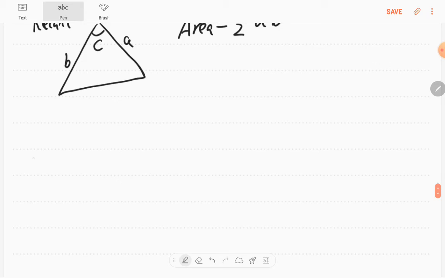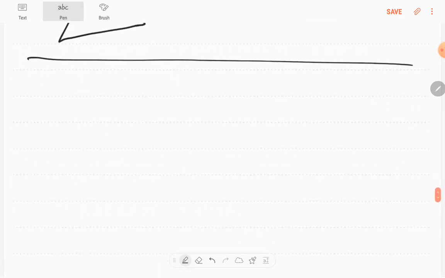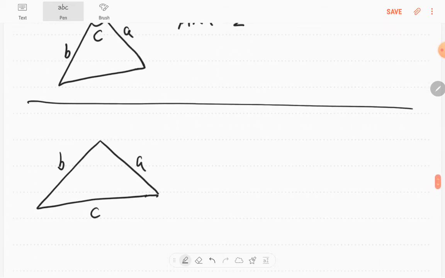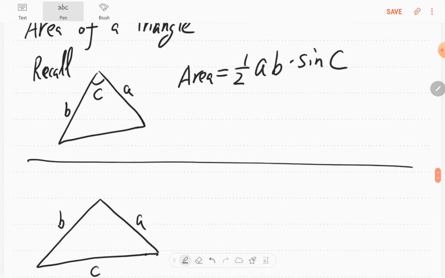Now we want to talk about another situation. If we know three sides, a, b, and c, of course you can use the law of cosine to calculate one angle, then use the two sides next to this angle and this formula to get the area.